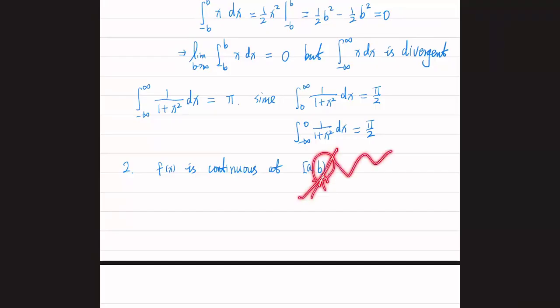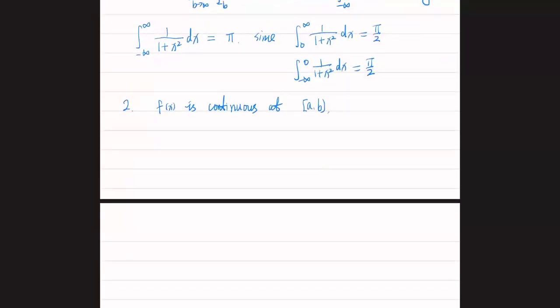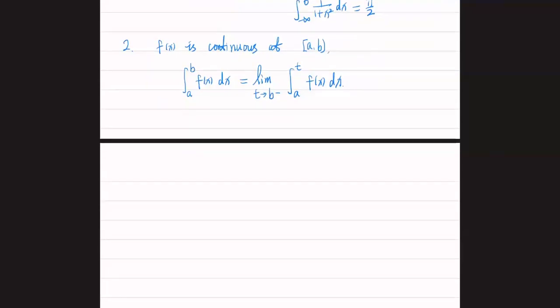It may oscillate. In this case, again, we can define the integral. It has the same terminology, but a different meaning when f is not continuous at the endpoint. This should be defined as the limit of the one side. Let's see an example.